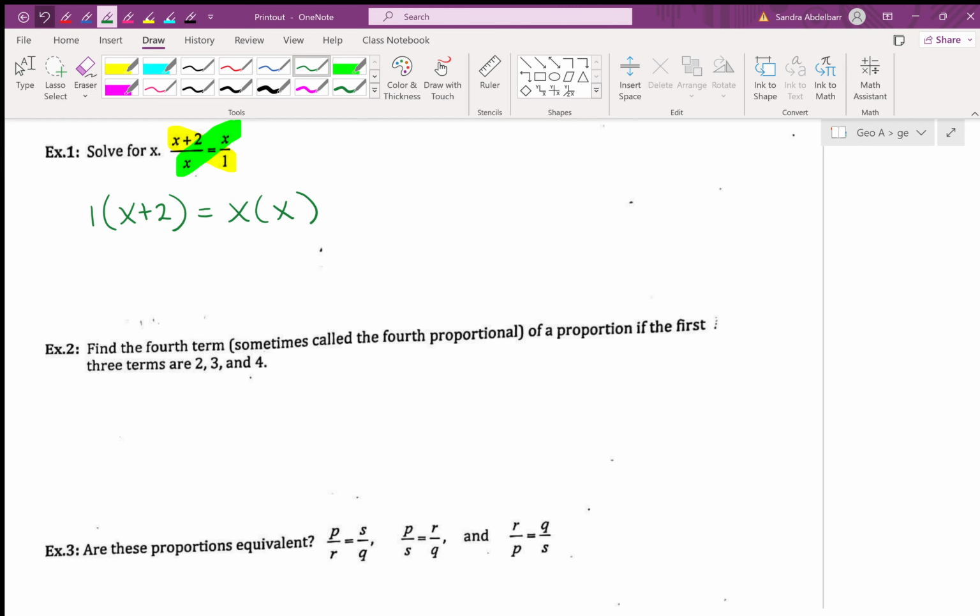Well, 1 times anything is what? Itself. 1 times anything is itself. So this left side stays x plus 2. X times x, please do not tell me it's 2x. Adam? X squared. X times x is x squared.